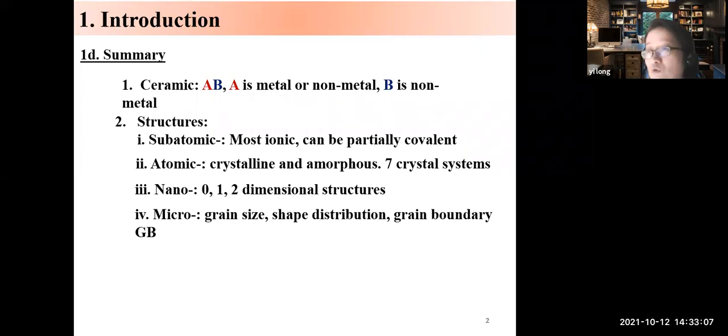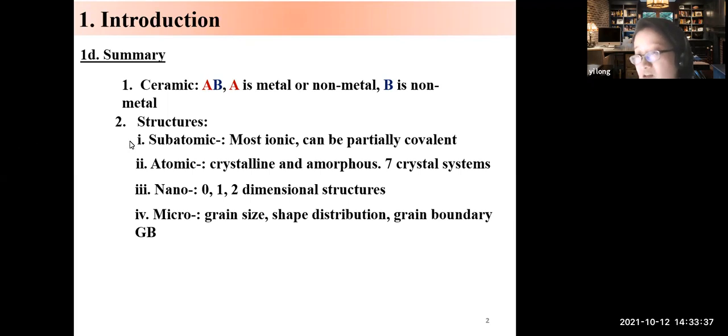Most likely you will be at these two levels. Then the micron level, which is grain size, shape distribution, grain boundary and so on. Please look for the details in the notes, and all this is quite related with your FYP. As I said, we're preparing you for your FYP.